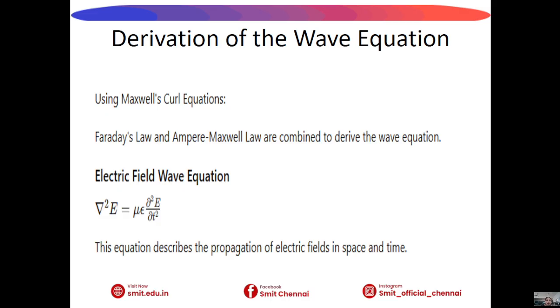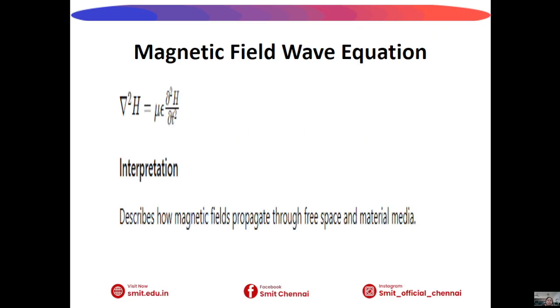That is del square E is equal to mu epsilon dou square E by dou t square. The resulting equation describes how electric field varies with both time and space. This mathematical expression proves that electromagnetic fields propagate as waves.